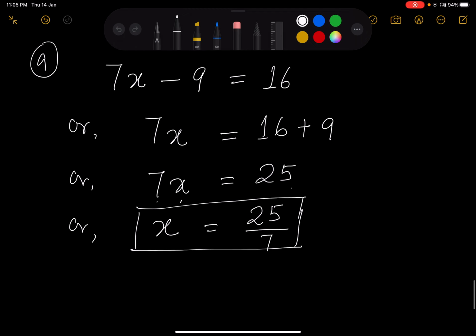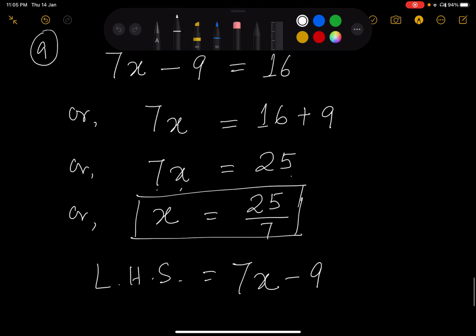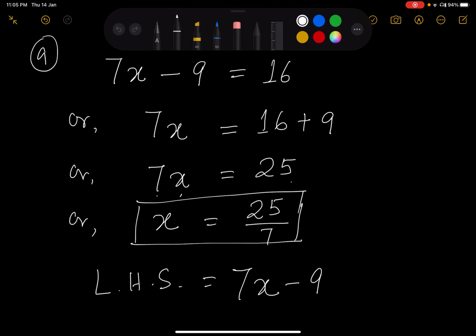And this you can verify. If I write the left hand side, verify your answer. Since it is a different kind of problem, left hand side is equal to 7x minus 9. So you can write 7 into 25 by 7 minus 9.